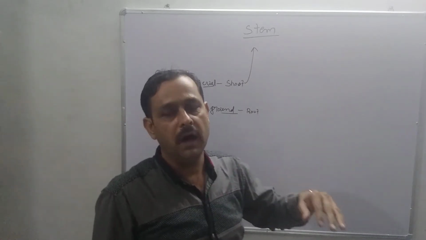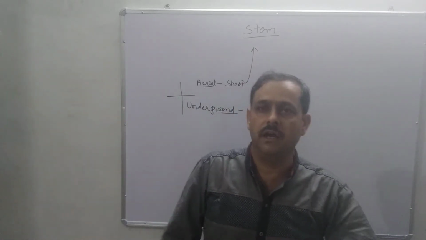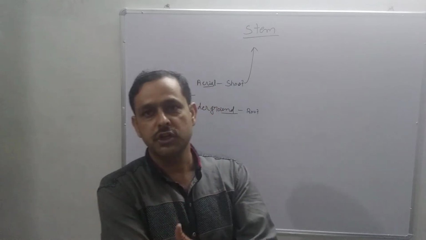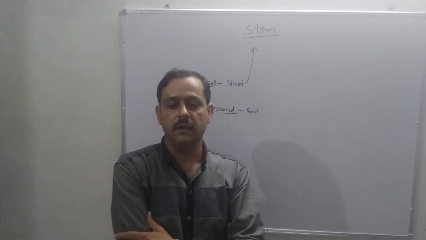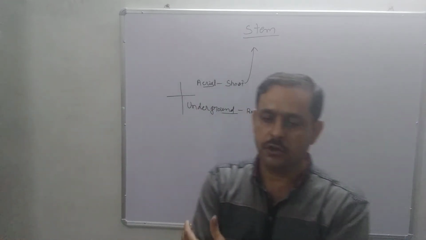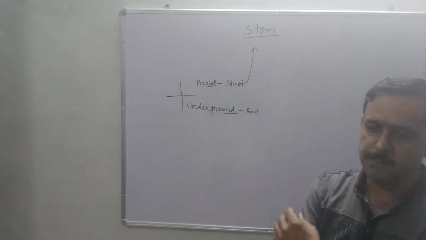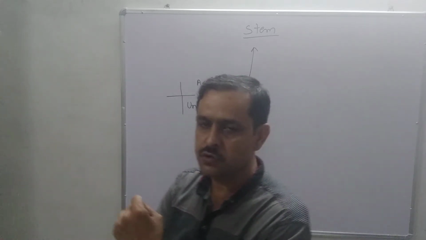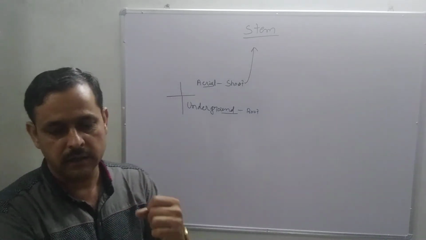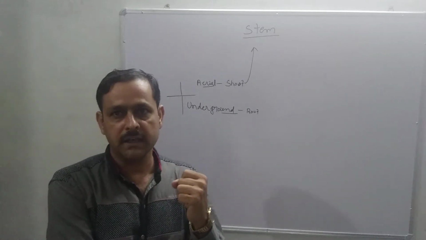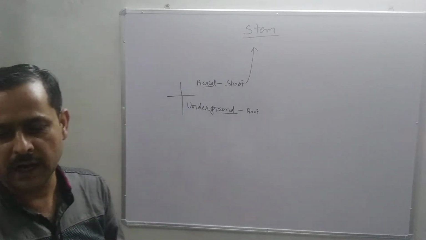Stem is the part of shoot which grows positively phototropic and negatively geotropic, or we can say stem is the main axis of the shoot system of a plant.